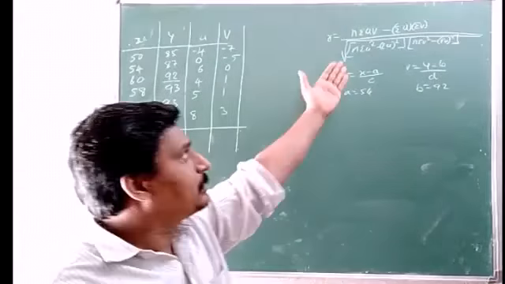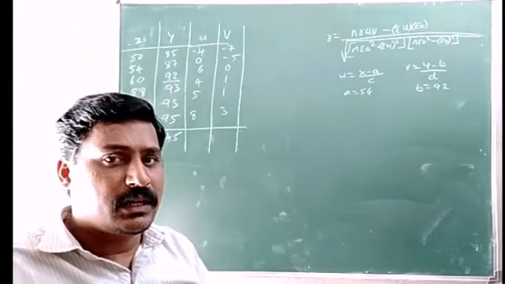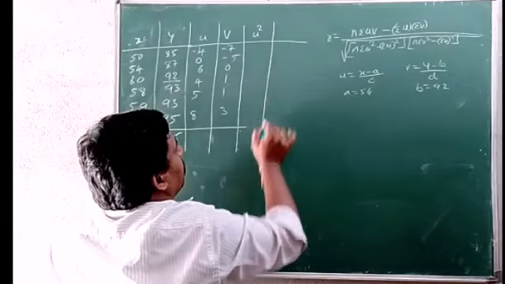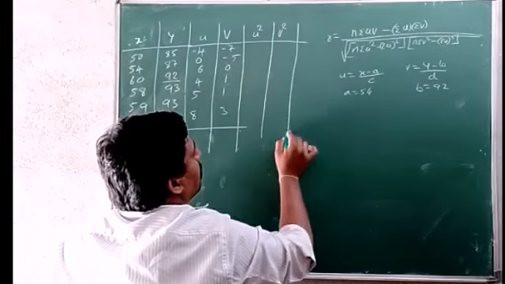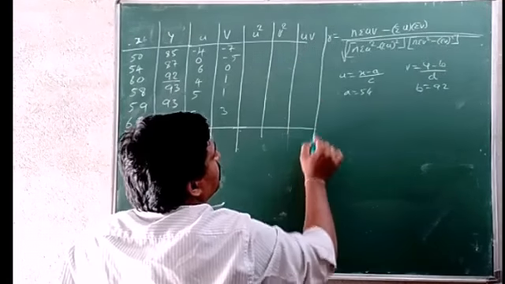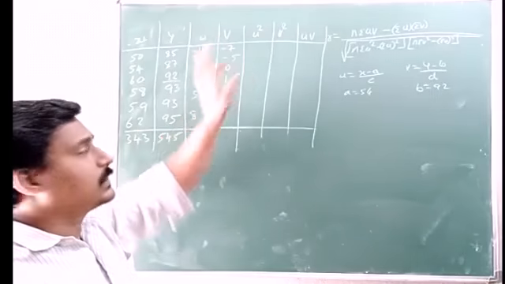Now, as per the formula, we got u and v. And next columns we need are u square, v square, and uv. And here one should be careful because we have negative numbers.